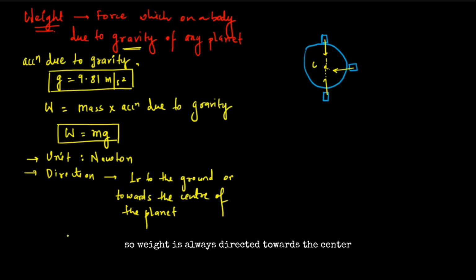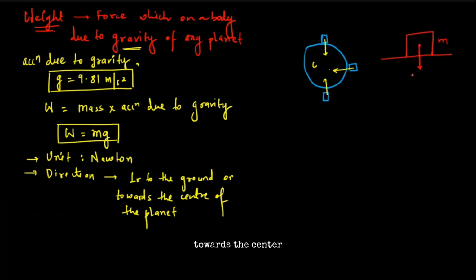So weight is always directed towards the center. That is the key point. In all the cases, when we have an object with a certain mass, weight is acting towards the center, and it is always equal to mg.